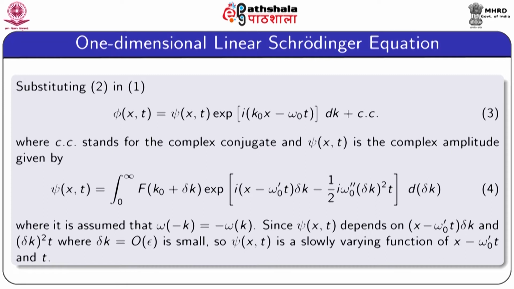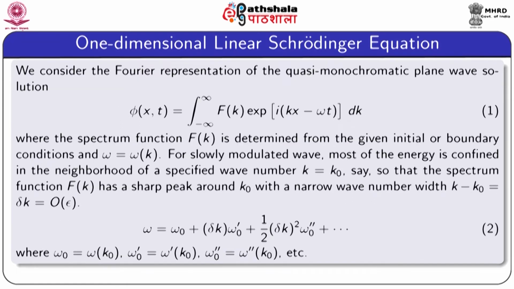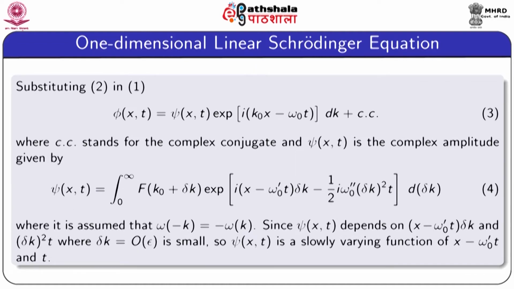Now, substituting the dispersion relation from 2 into equation 1, we obtain phi equal to psi into e to the power i(k0 x minus omega 0 t) plus c.c. c.c. stands for complex conjugate and the function psi(x,t) is the complex amplitude of the solution and is defined as psi equals integration 0 to infinity f(k0 plus delta k) e to the power i[(x minus omega 0 dash t) delta k minus half omega 0 double dash delta k square t] d(delta k).